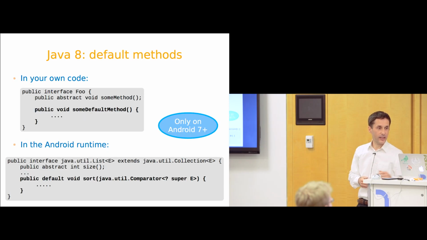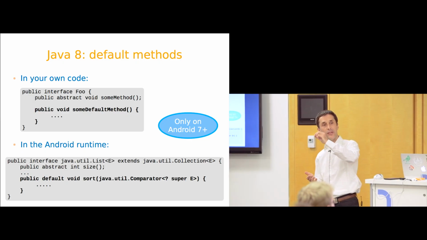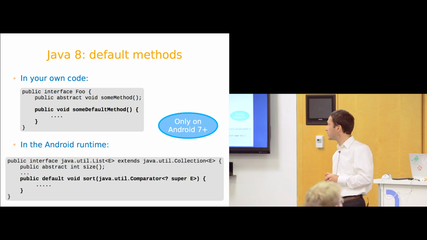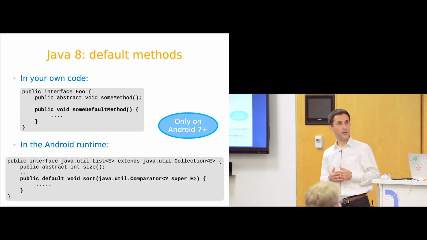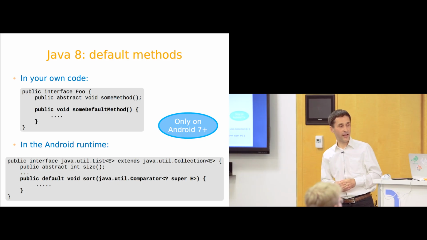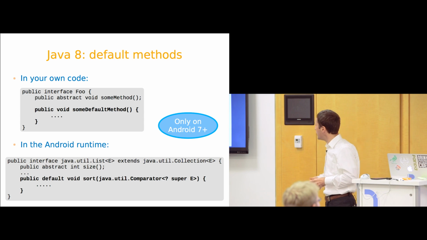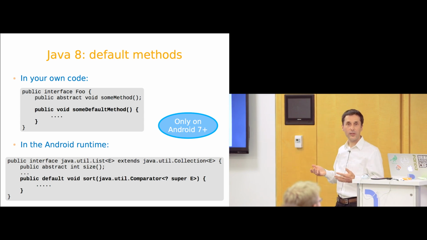On the other hand, if you're using the Java 8 feature of default methods, that means that you have methods containing implementations inside interfaces, you'll really need to run your application on Android 7. You can only run that application on Android 7. On the one hand, in your own code, the syntax is different, of course, and the virtual machine needs to support that.